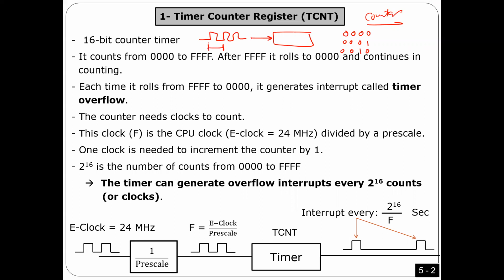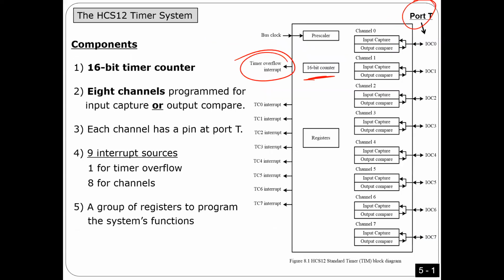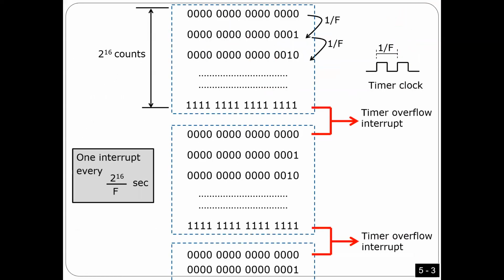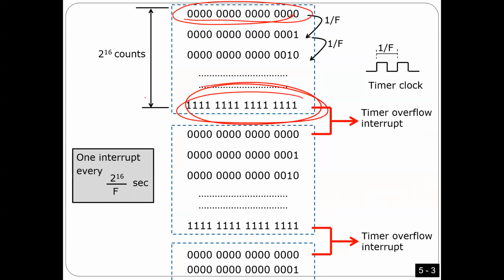That's exactly what we have right now. We have a hardware counter. This counter should have a clock, and for every cycle it increments the count by 1. Because this counter is a 16-bit counter, it has to count from 0 until 2^16 minus 1. Make sense?